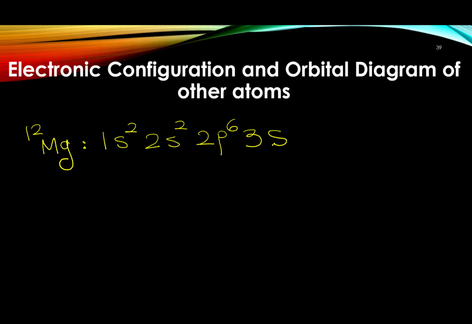Now, how many more electrons do we need to make it 12? We have 10 so far. 2 more makes it 12. Then see, 2 plus 2 is 4, 4 plus 6 is 10, and 10 plus 2 is 12. This is the electronic configuration for the magnesium atom.